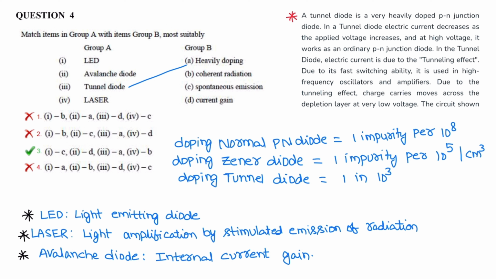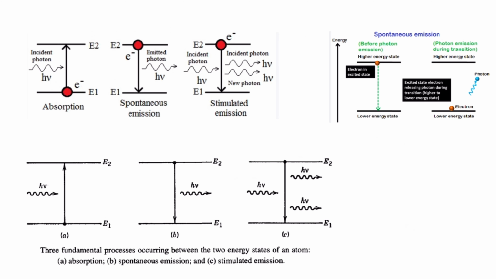In the tunnel diode, electric current decreases as applied voltage increases. Next, avalanche diode. Internal current gain is possible in avalanche diode. In LED, light emitting diode, spontaneous emission exists, whereas in case of lasers, stimulated emission exists.